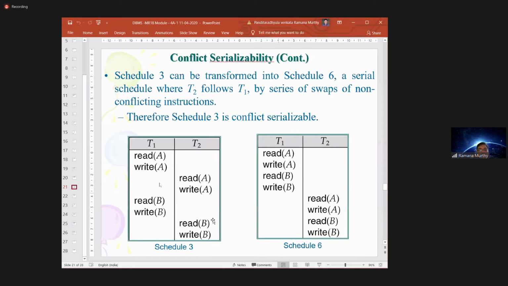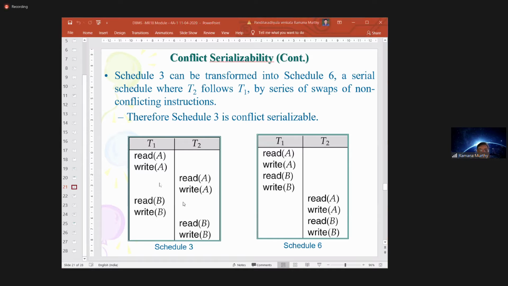Like we have two schedules, schedule 3 and schedule 6. When you compare schedule 3, read B and write A are side by side operations, but on different data items, so you swapped. Similarly, afterwards, read B is compared with read A, both different operations on different data items, so you swapped.